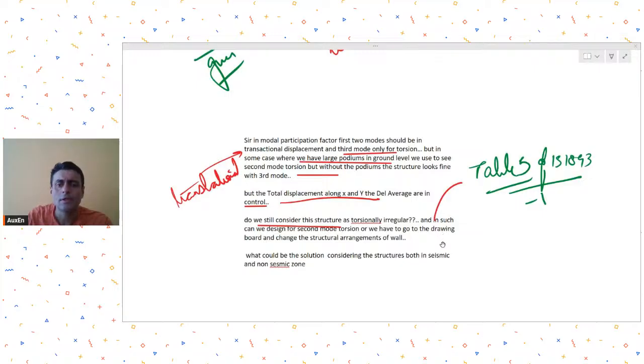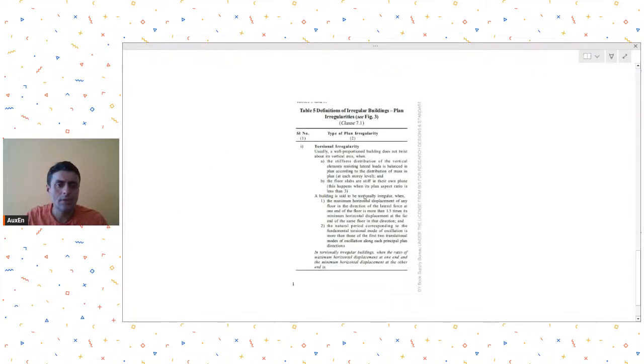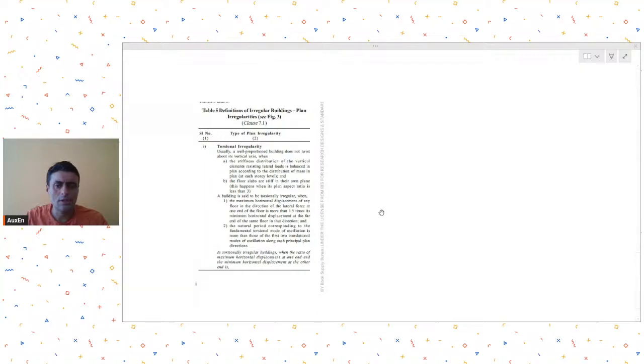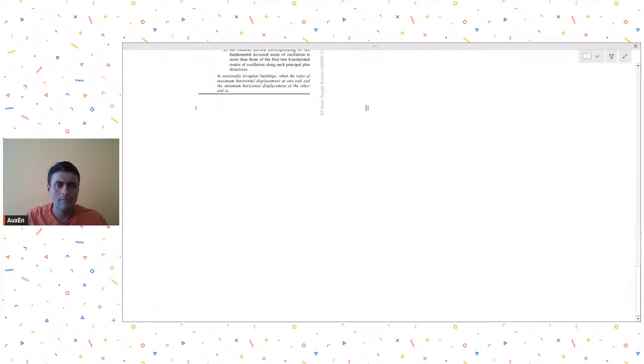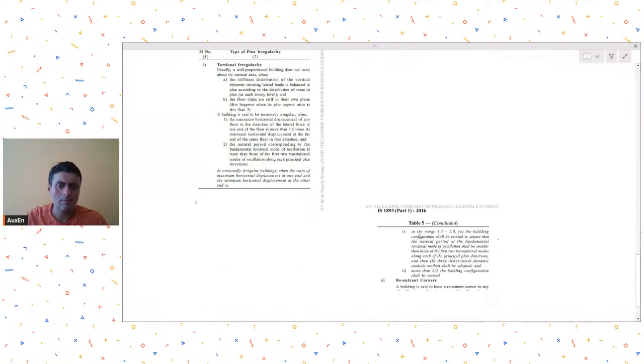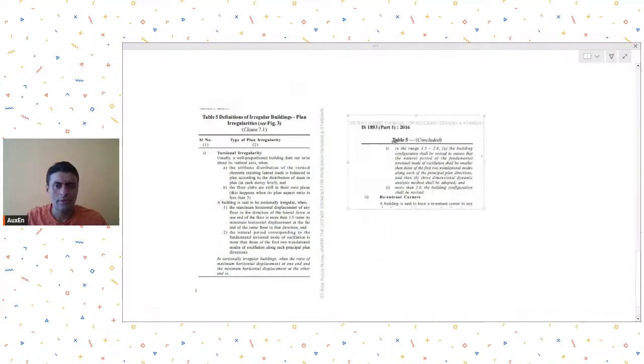Okay, so I'll just paste this. Of course, this has been superseded by an amendment provision, so I'll paste that also. So this is the original clause 1893 table 5, and yes, I think you can see this.